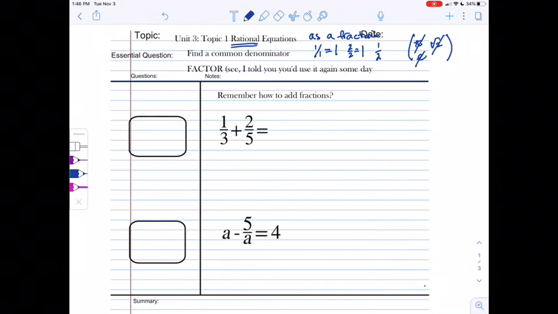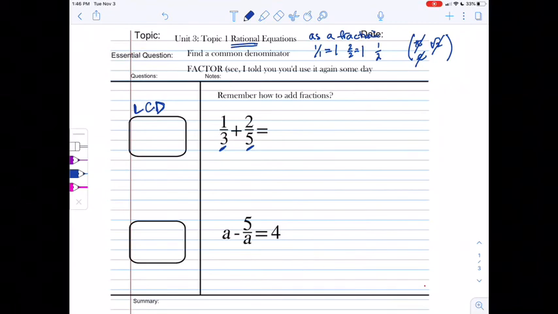So I'll put a little box over here, and I want you to, somewhere on your paper, be able to identify the least common denominator. If you just call it common denominator, I'm fine with that too. As we're looking at a common denominator when we add fractions, we need to determine the least common denominator.